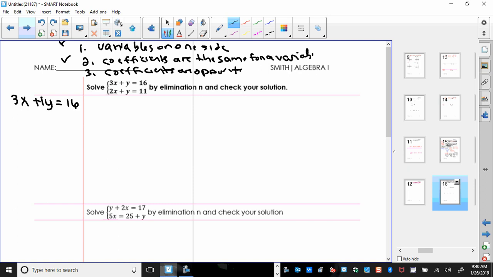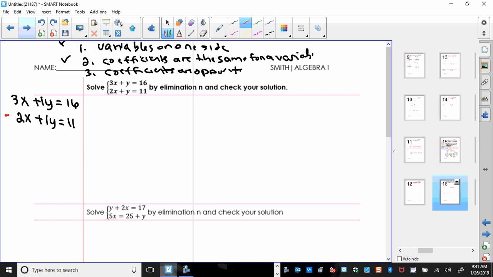And there's a 1 in front there. And then I have 2x plus 1y equals 11. Now, the coefficients are the same, 1y and 1y. If I need a coefficient to be negative, then I'm going to have to multiply by a negative on one of these equations. So I'm going to pick the bottom one to be negative.